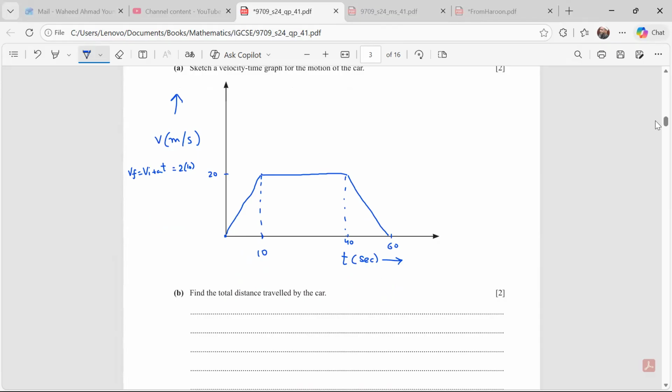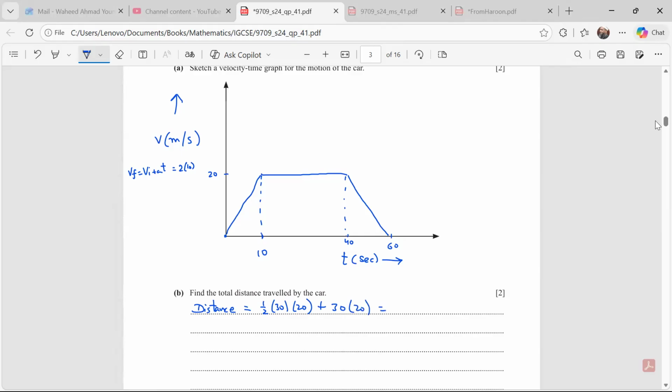So the total distance traveled is the total area under the curve, and that area is going to be, for the triangle, half, and the base is 10 plus 20, so it's 30, and the height is 20. Okay, and for the rectangle it is 40 minus 10, which is 30, times 20.